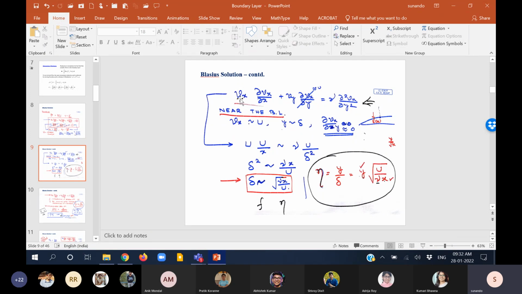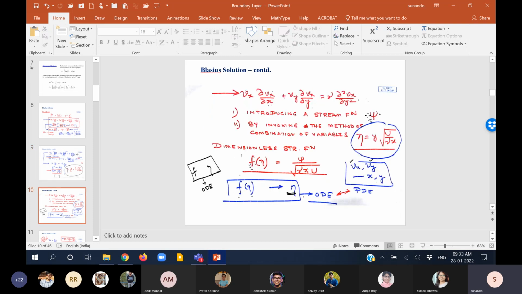All the terms that we see over here, instead of del x, I have to express in terms of eta. In terms of y, del y is to be substituted by del eta, and so on. So we introduced a stream function, and we invoked the method of combination of variables through which we have obtained this eta.